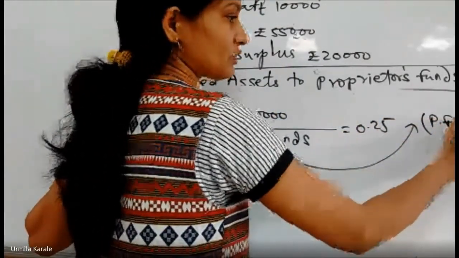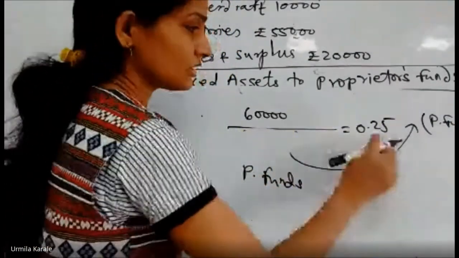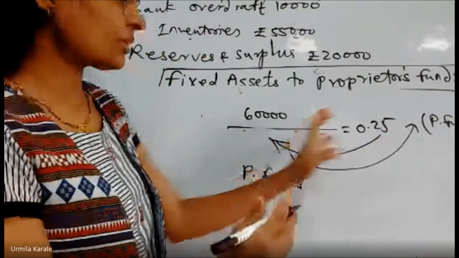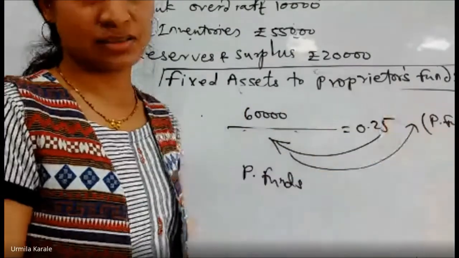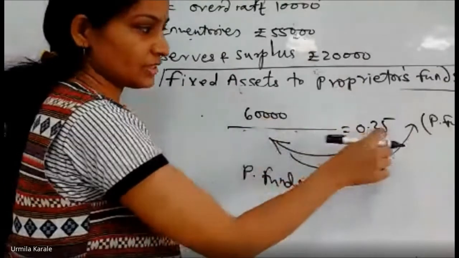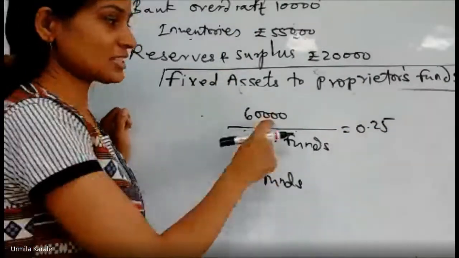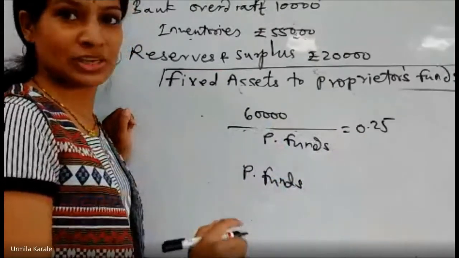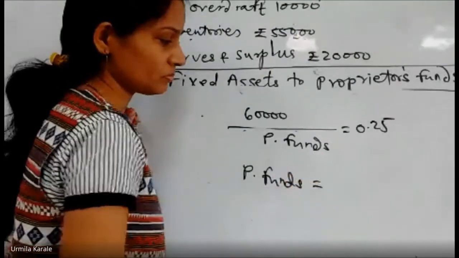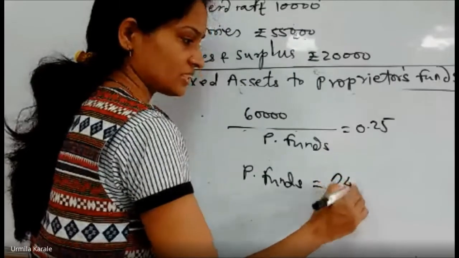We have just moved it to this side. Now this we have to move to this side. Numbers on one side and the information on the other side. So 60,000 divided by 0.25. Now the 60,000 is 25%, you can easily understand how much will be 100%. 4 times more. Yes. Is it correct?